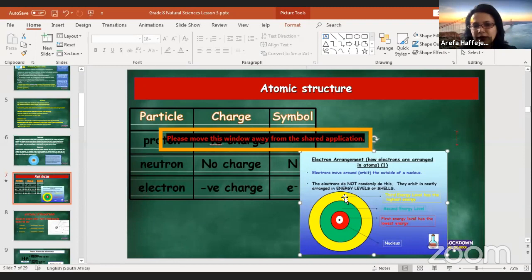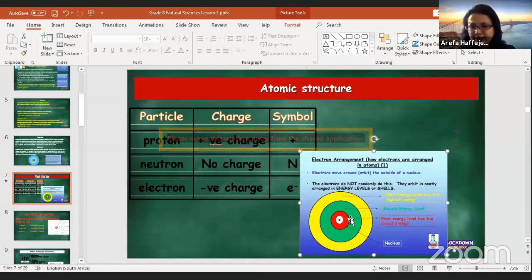Now, each of these circles, you have the red one, the green one, and the yellow one. They are called your shells or your energy levels in which the electrons orbit. The red one, which surrounds the nucleus, is your first energy level. Then we have the green one, which is your second energy level or shell.